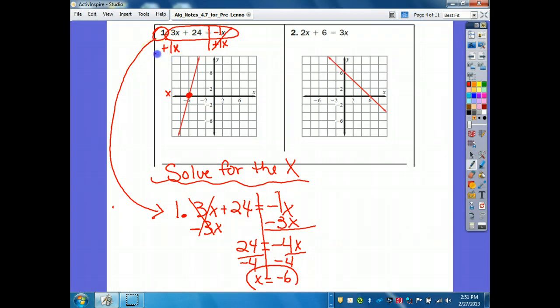And what do I end up with now? 4x plus 24 equals 0. Because those canceled out, right? Does this look like any certain form that we've been doing for the past 2, 3 weeks? What do we call that? Yes, function form or slope-intercept form. So now it's in function form. So what you do there, I wrote really big. You guys don't write as big as I do.